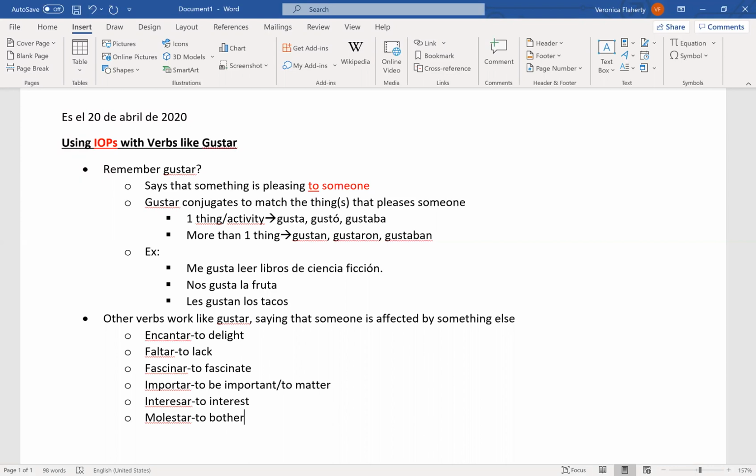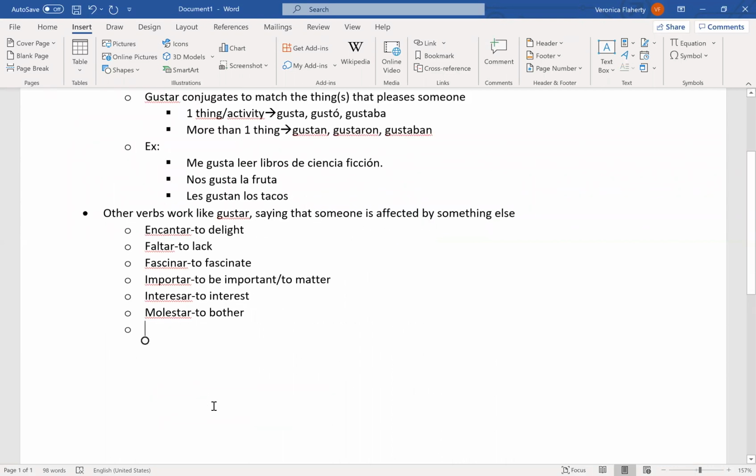So let's look at some quick examples. Are we ready to look at some examples? Okay. La señora Rojas admira mucho a su cantante favorito.